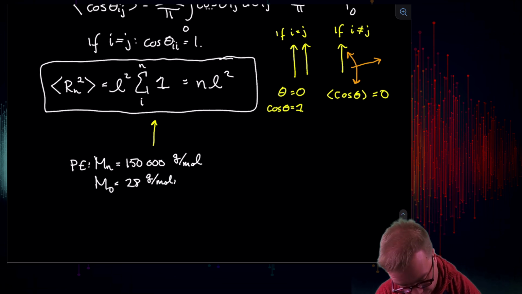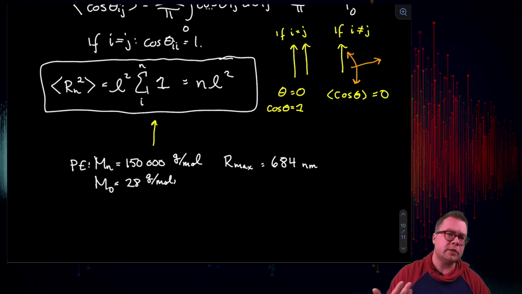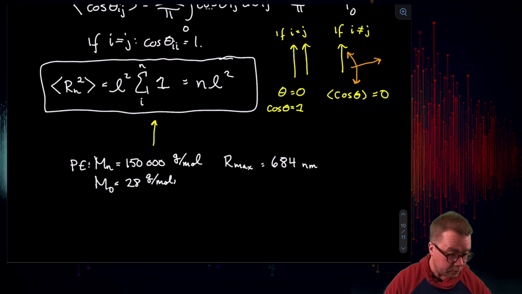And we calculated earlier that the maximum length of the molecule is 684 nanometers. And I said that if you were to go into the lab and do an AFM measurement or something to see how big those are, you would find that the polymers are nowhere near that, right? They're smaller than 1/10 of that. This is at least an order of magnitude off.